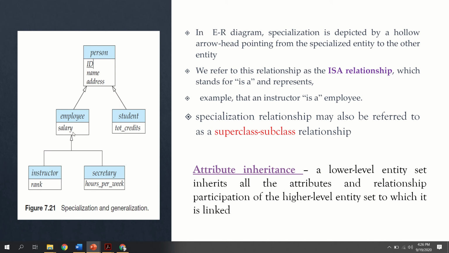In the same manner, we divided the employee into subgroups, instructor and secretary. Instructor has all these attributes, including ID, name, address and salary, but he has one more attribute which makes him an instructor, that is rank, and in the case of secretary, he has the attribute hours per week.